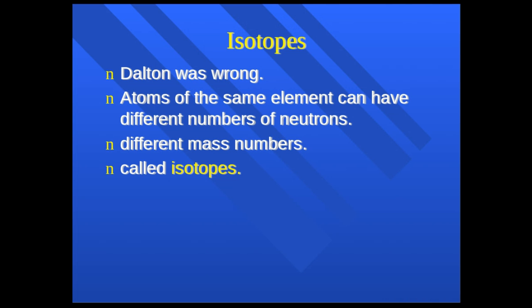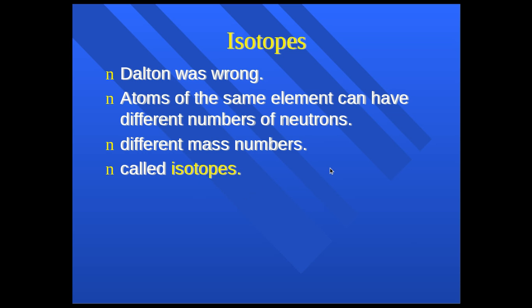Sometimes we found carbon with 6 protons, which we always did, because protons define the element. But sometimes we found carbon with 6 neutrons, sometimes with 7 neutrons, and sometimes with 8 neutrons. Still carbon because you had 6 protons, but changing the neutrons changed the mass number. And so that's what an isotope is: atoms of the same element with different numbers of neutrons.